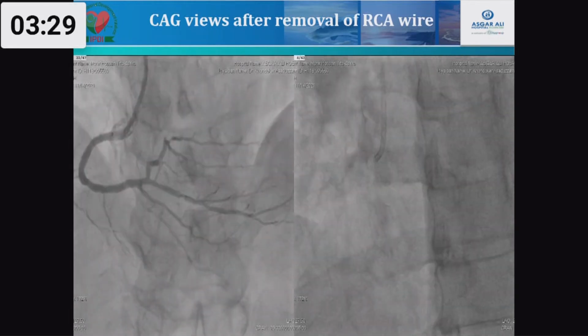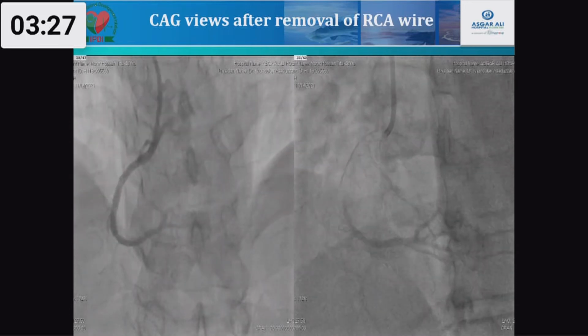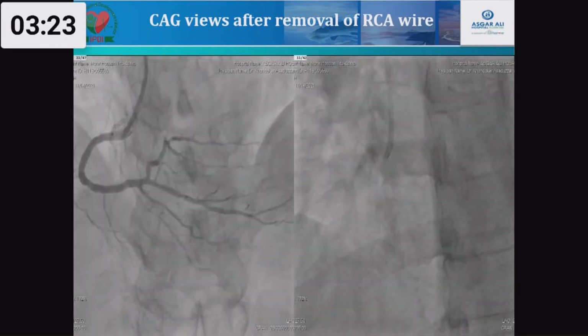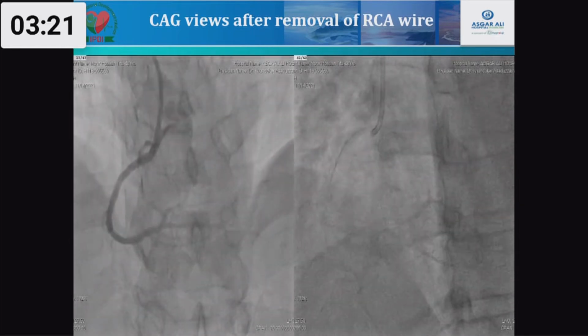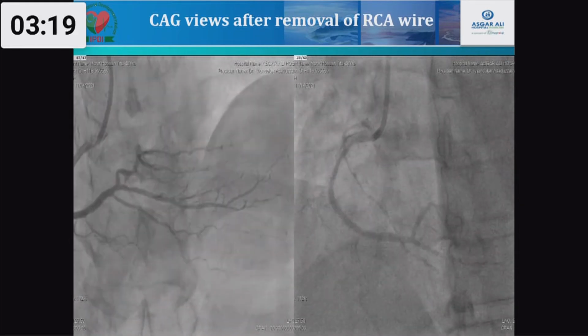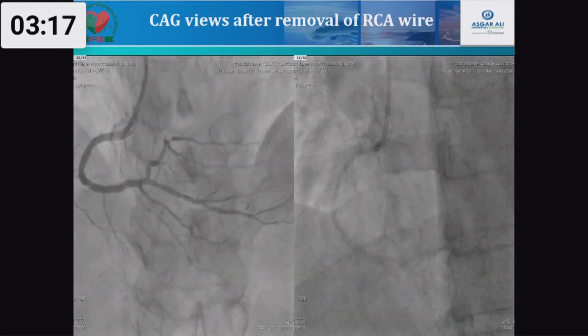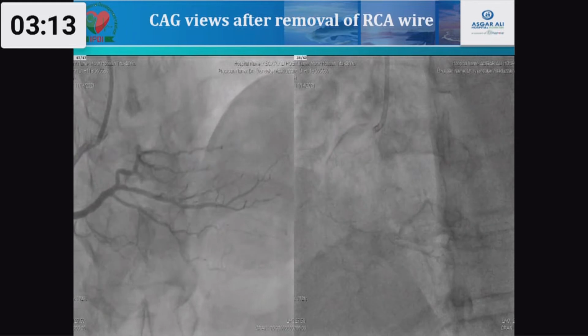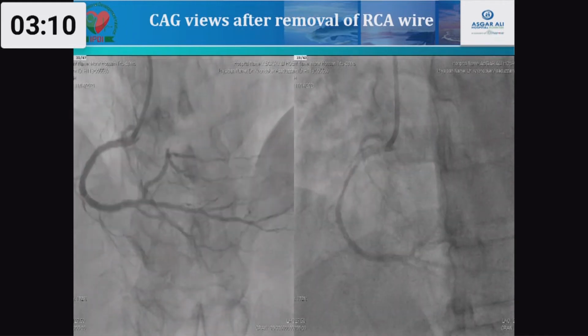But the important issue, if you look at this angiographic view on the left side, you can see here there is an ostial dissection. And when I took an orthogonal view, I saw that there is a long antegrade dissection starting from the ostium to the mid RCA.